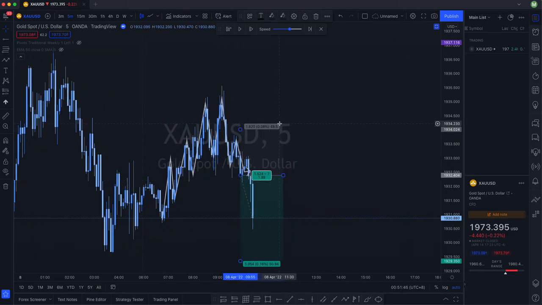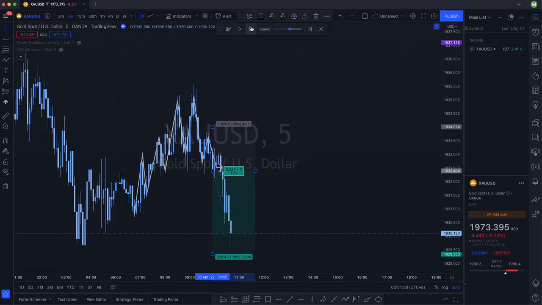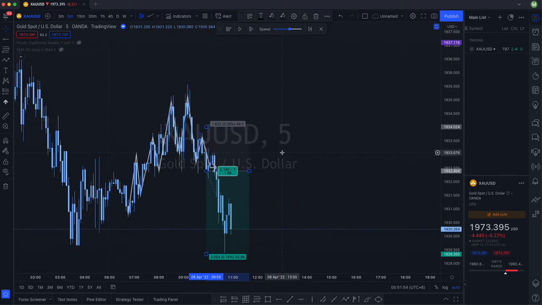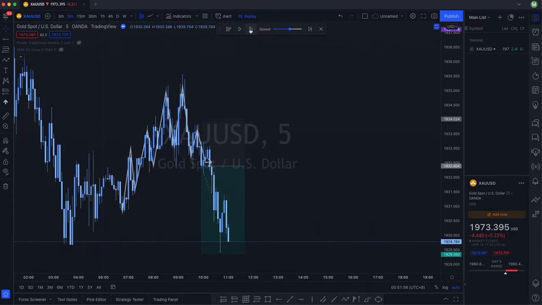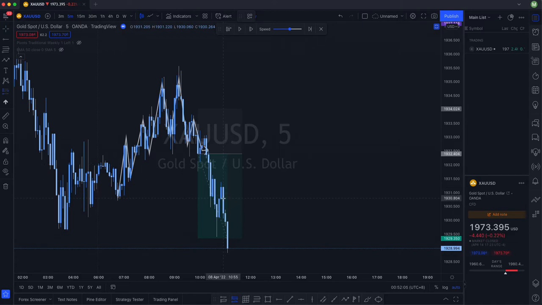So let's go. Yeah, so what I did, if I remember, I think I added a position here. So I add another position here. I put the stop loss here.